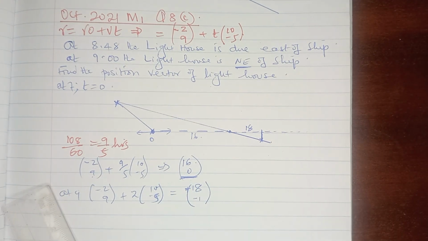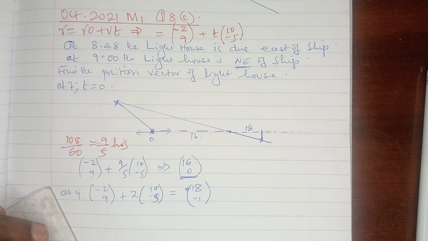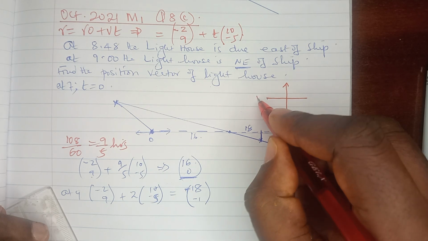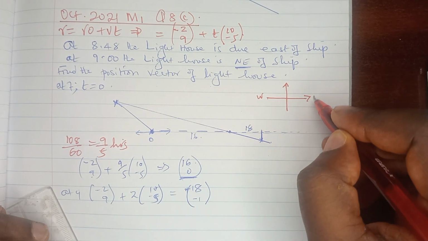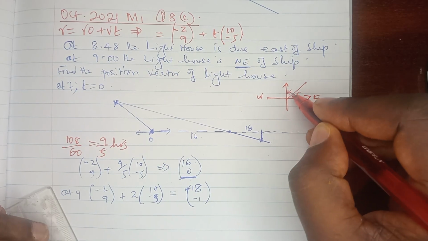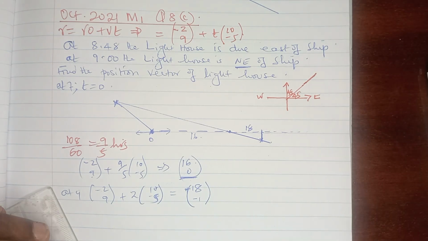I want us to talk about northeast. With true north there, and west and east, northeast is at 45 degrees between north and east.